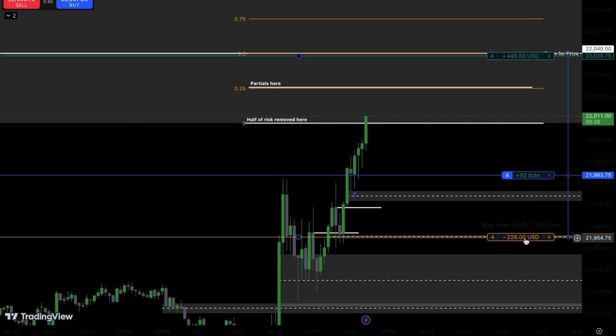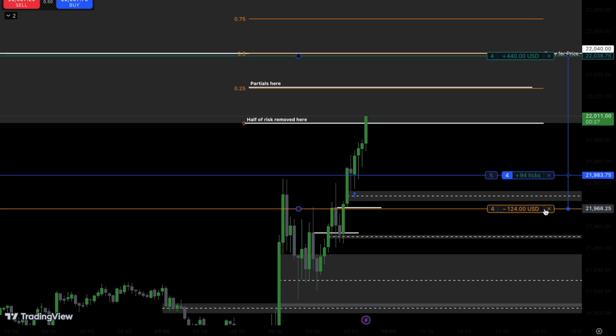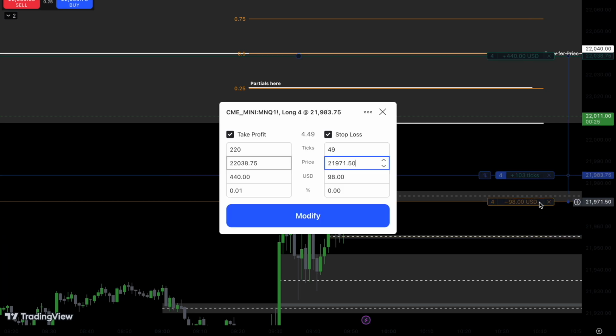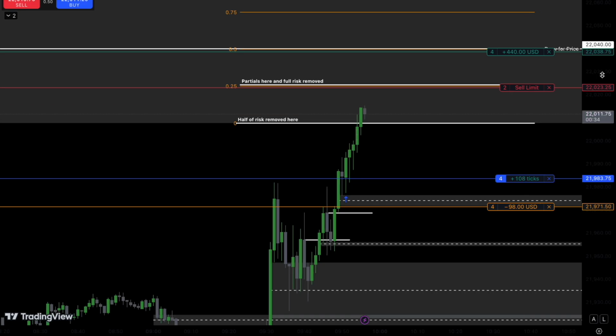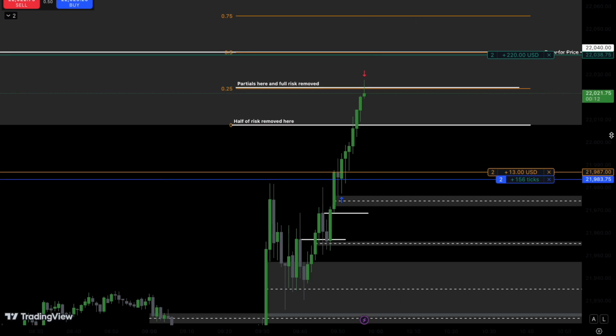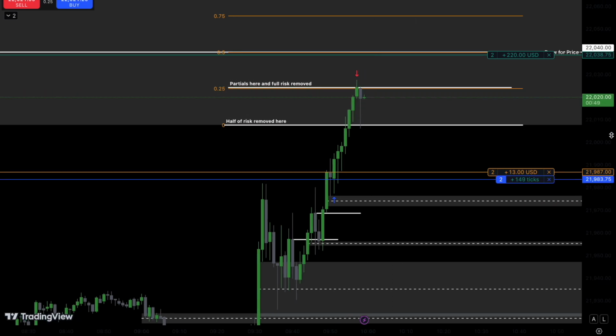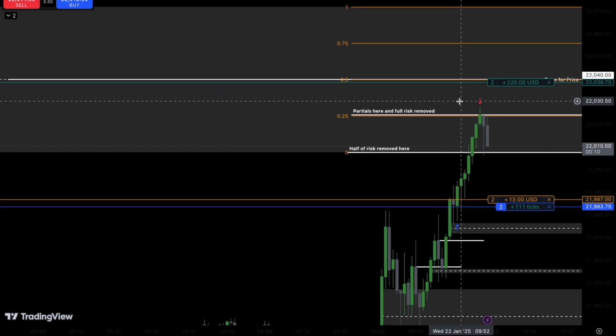Alright, so we've traded that. So I'm going to move my stop loss and look how price is becoming a little more problematic to trade through this lower quadrant here. Look at where the bodies are closing.